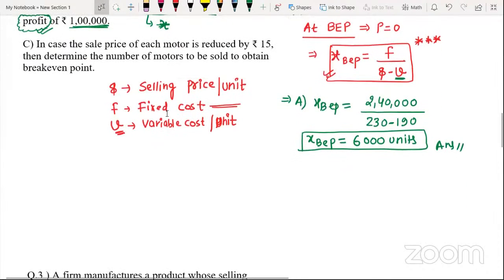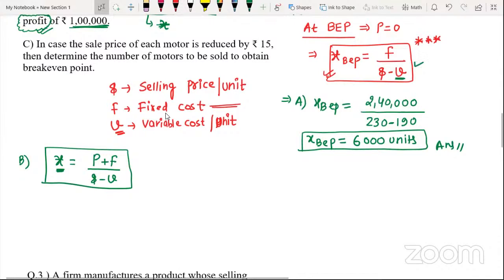So for part b, the number of units produced is P plus F upon small s minus small v. This is the formula. If you calculate x at BP, then profit will be 0, so you will reach here. So this is going to be the profit.